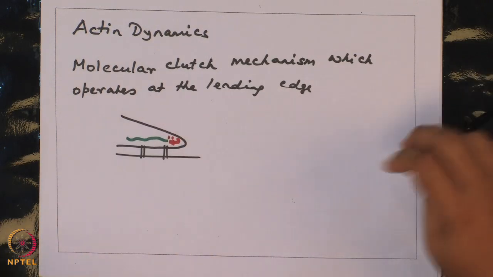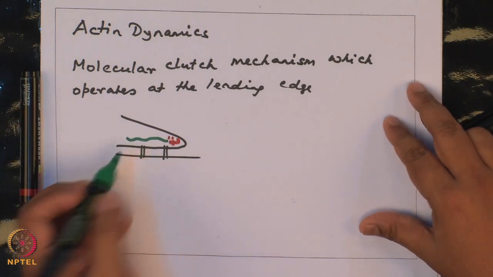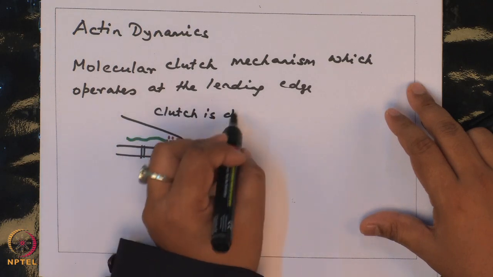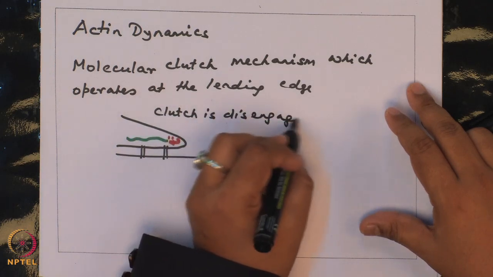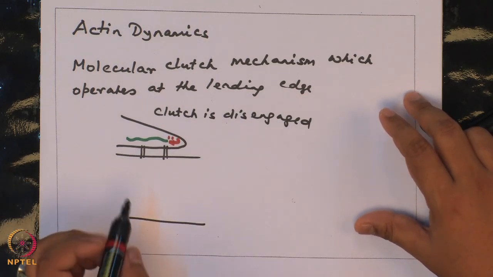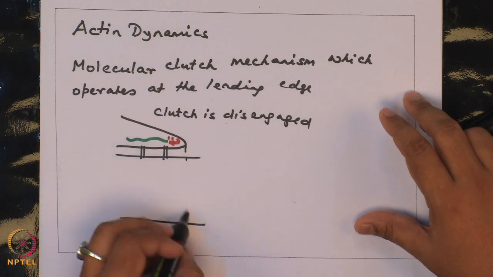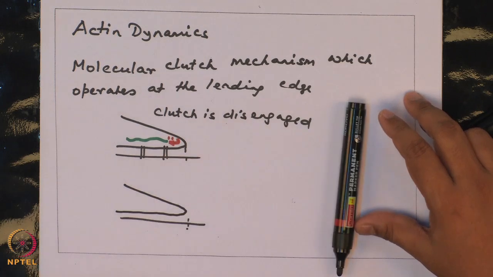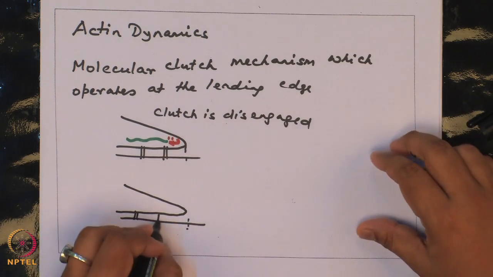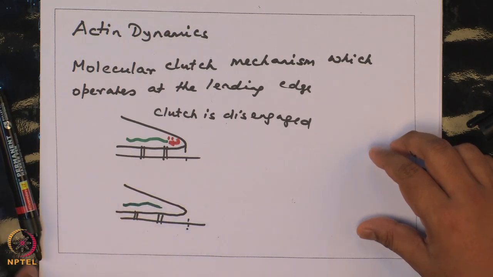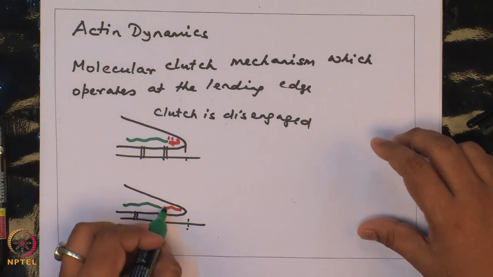So, when the clutch is disengaged, let us say this is my leading edge position. No matter how much the filaments form, they will just keep getting pushed backwards. So, this is your new filament which has gotten added to the existing filament.